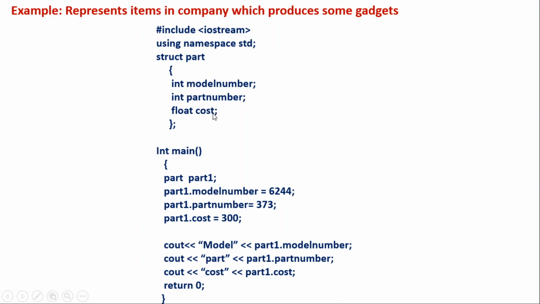The third one is the cost of the gadget, which need not be an integer, so I defined it as a float value. These are the three structure members. Then the structure definition is over, and the braces are followed by a semicolon.